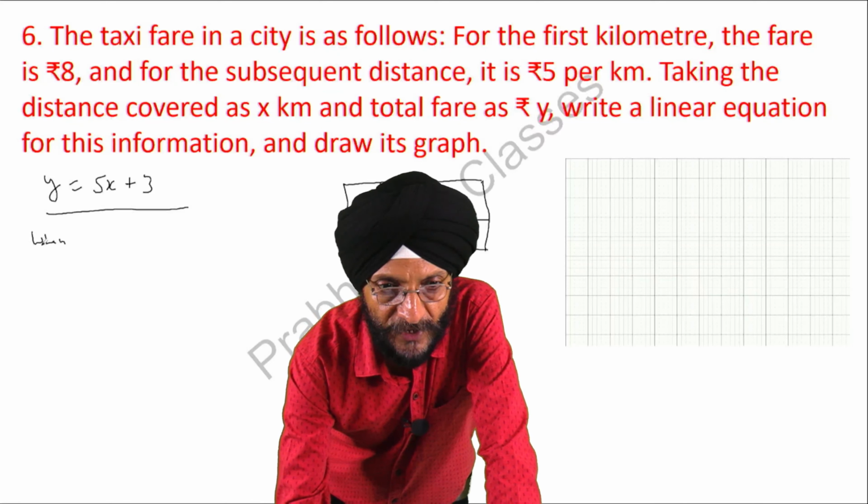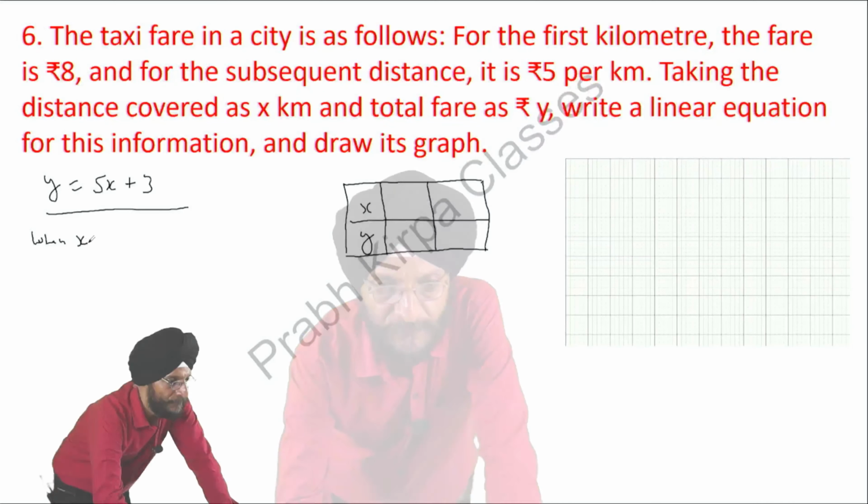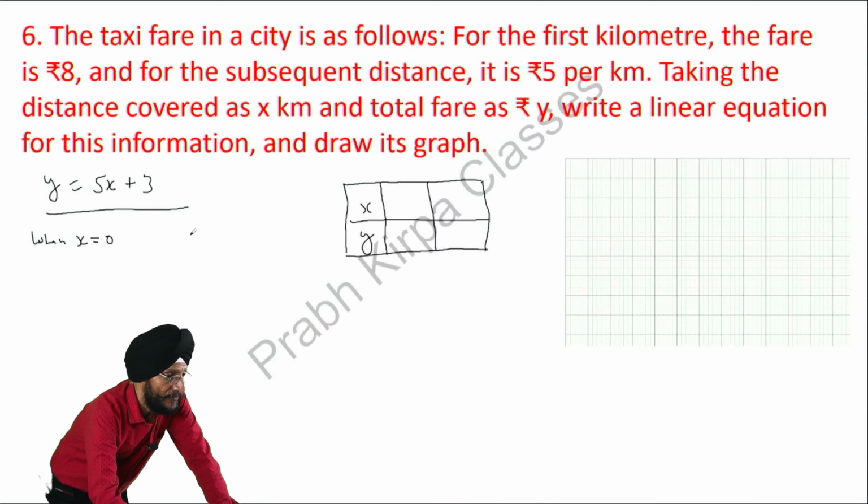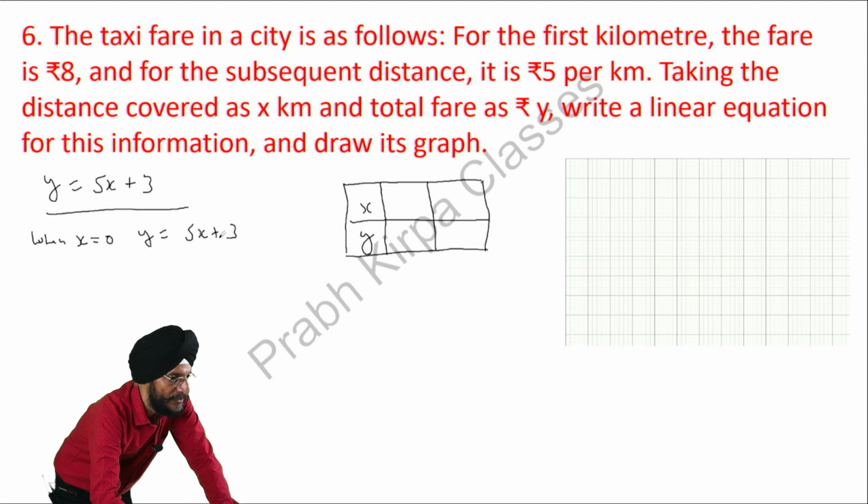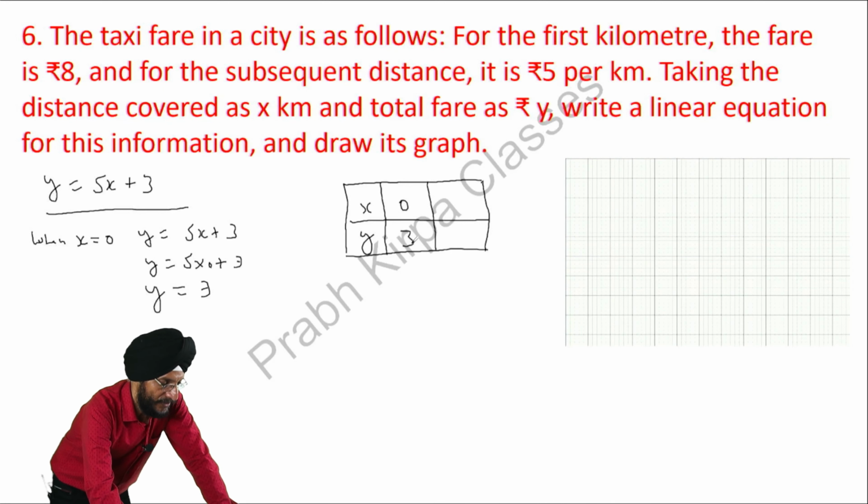Suppose we let x be 0, what will happen? The equation is y is equal to 5x plus 3. What will be formed? 5 into 0 plus 3, the value of y will be 3. So when x is 0, the value of y is 3.